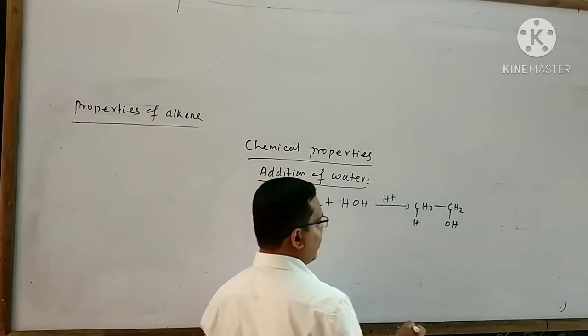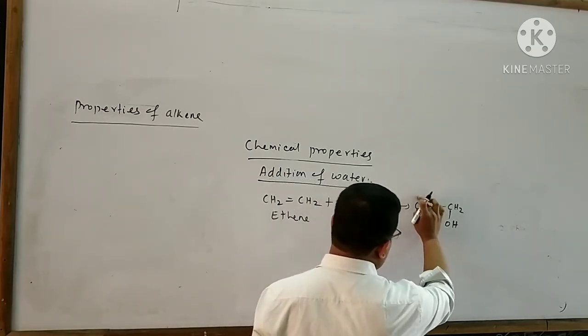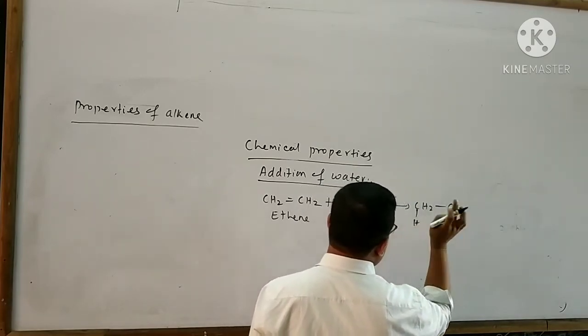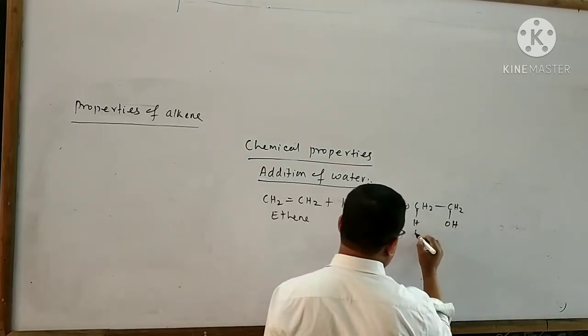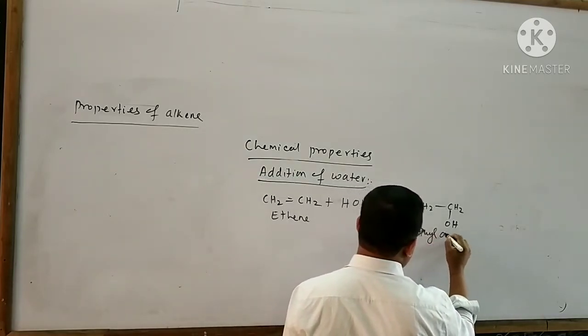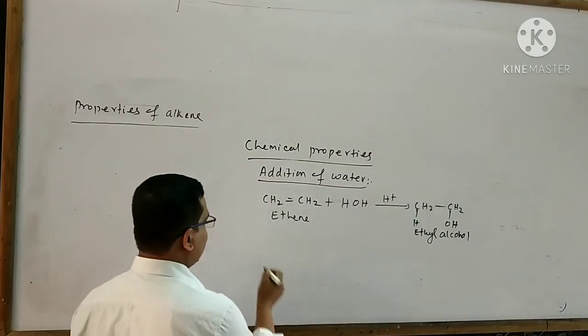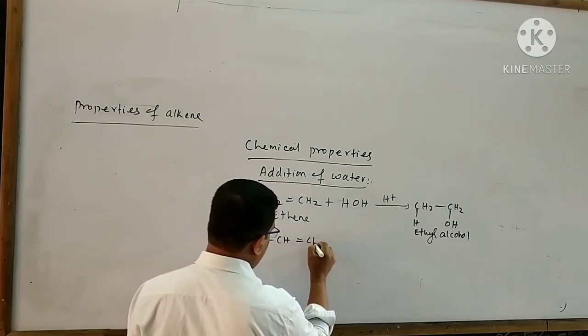As your choice, you can also attach the OH group with this carbon atom, and you can also attach this hydrogen with this carbon atom. The name of this product is said to be ethyl alcohol. Similarly, take another example: CH3 bond CH double bond CH2.